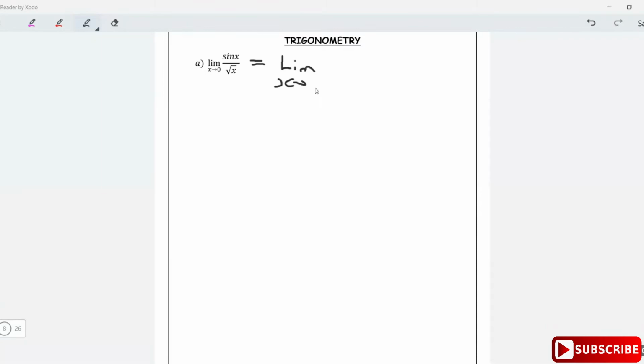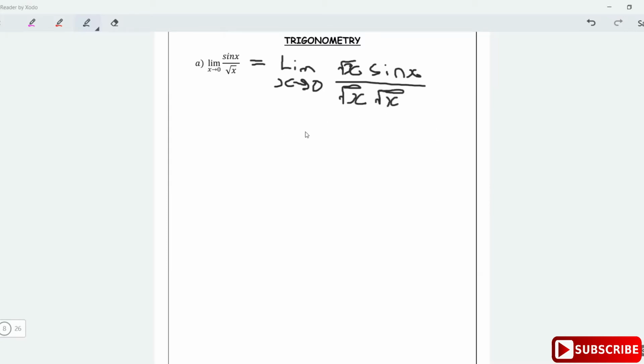We're going to multiply this by root x over root x. So we're going to rewrite this as the limit of root x times the sine of x, divided by root x times root x. All we did here is multiply by root x over root x.